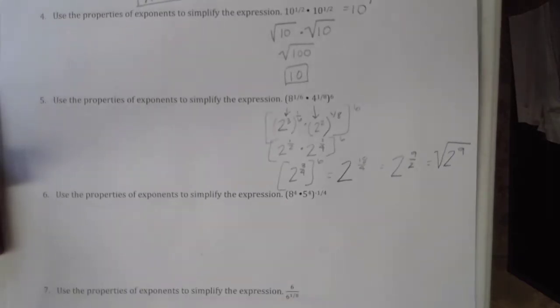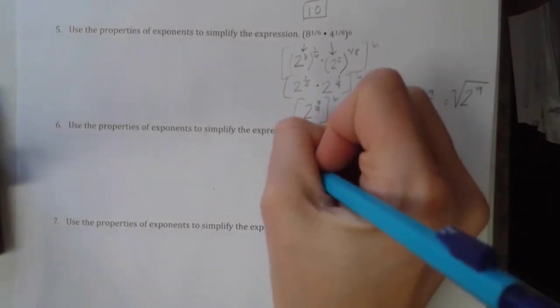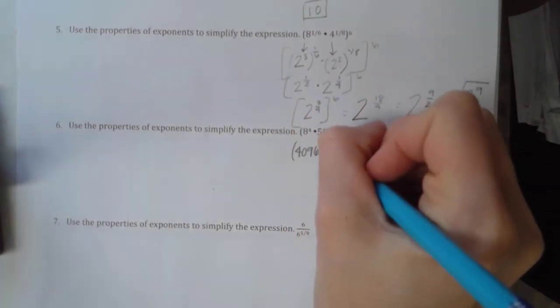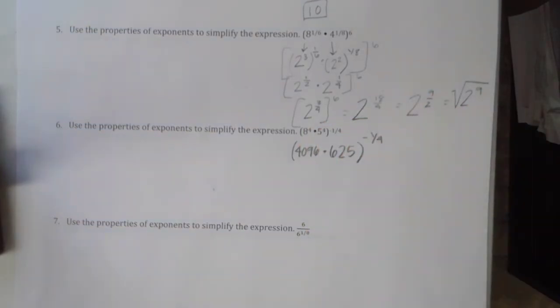Alright, for the next one, notice that I don't have fractional exponents. So my bases do not have to be the same. That's good because I don't have a common base between 8 and 5. But if you have whole number exponents, you can just do that in your calculator. So we're going to do 8 to the 4th, which gives me 4,096, times 5 to the 4th should give you 625, and that's all going to be raised to the negative 1/4 power.